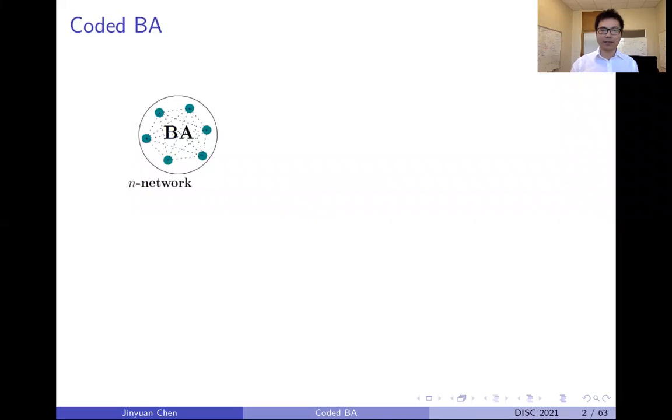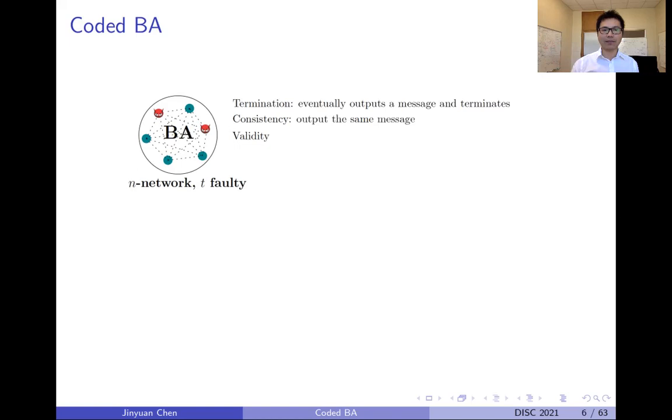Byzantine agreement, as originally proposed by Pease, Shostak, and Lamport in 1980, is a distributed consensus problem where n processors want to reach consensus on an L-bit message or value, but up to t of the processors are dishonest or faulty. To solve the BA problem, the protocol needs to satisfy the conditions of termination, consistency, and validity.